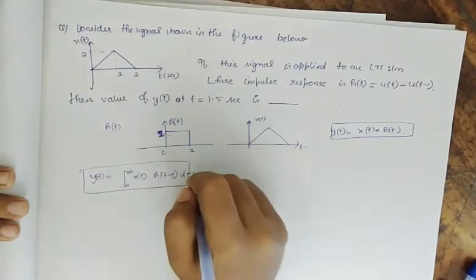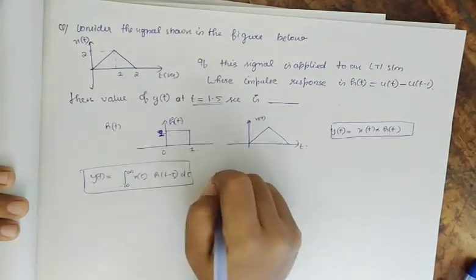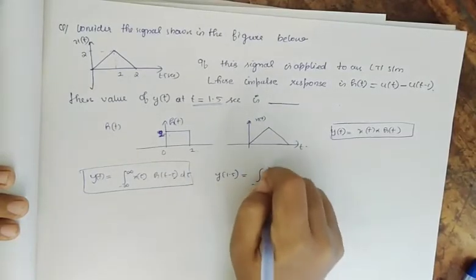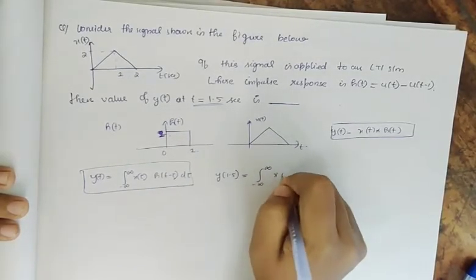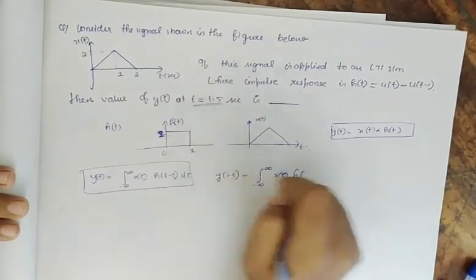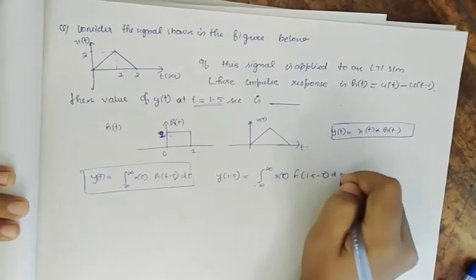So in the question it is asked what is y of t at t is equal to 1.5. So I am going to put it here. Y of 1.5 is equal to, wherever t is there it will be changing to 1.5. Here it is tau. Okay, so don't change it, only change t, that is 1.5 minus tau d tau.